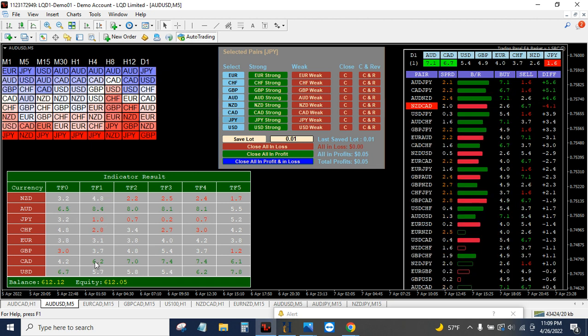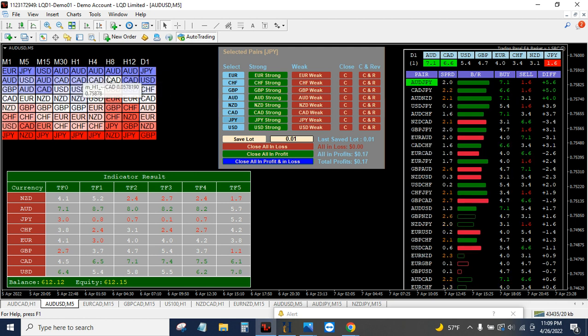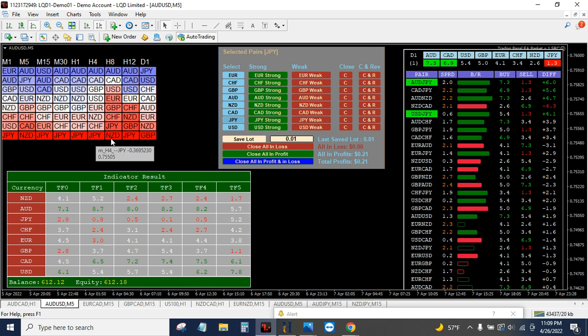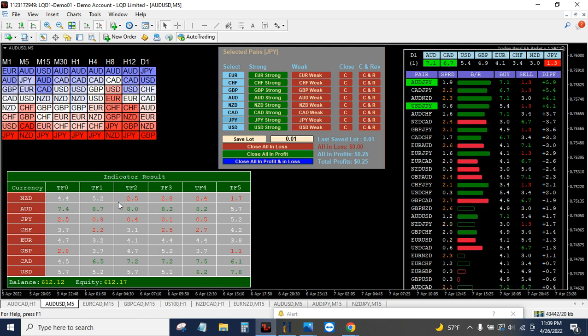Three of them, 6 or better. Like I said, two of them don't have to be aligned; only one needs to be aligned. Like here, CAD was not aligned on 3 time frames back to back, but Aussie and yen were aligned on 3 time frames back to back. So this is good to go.